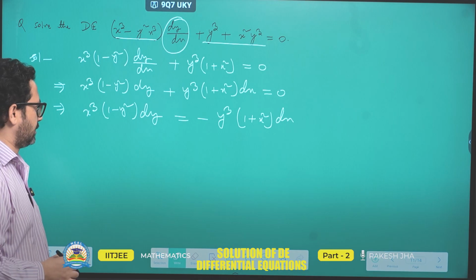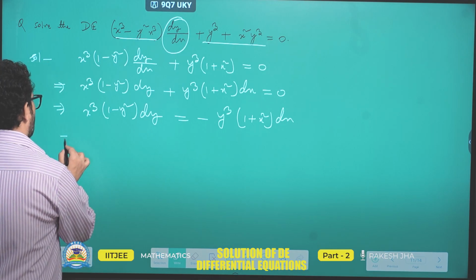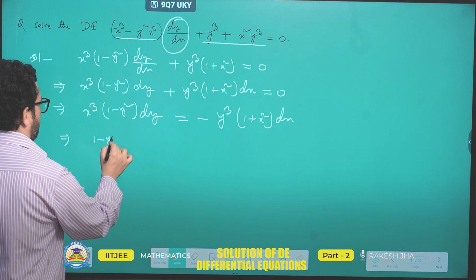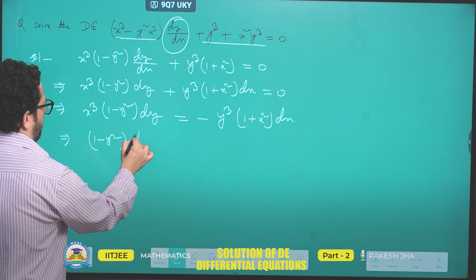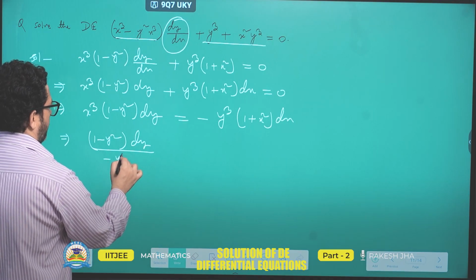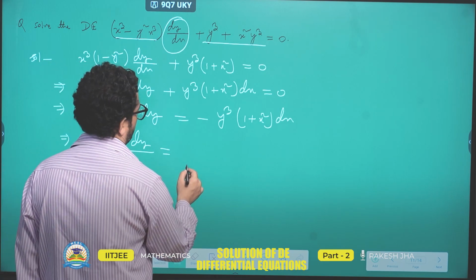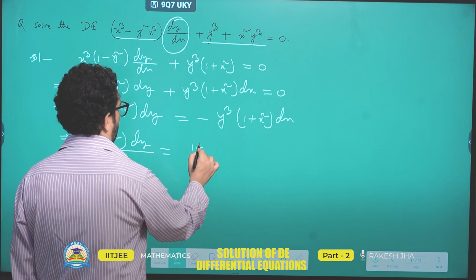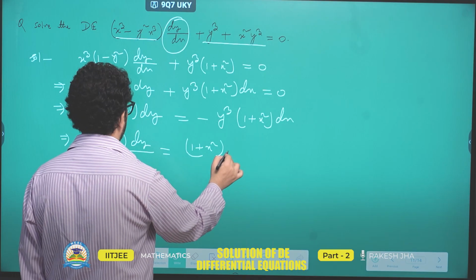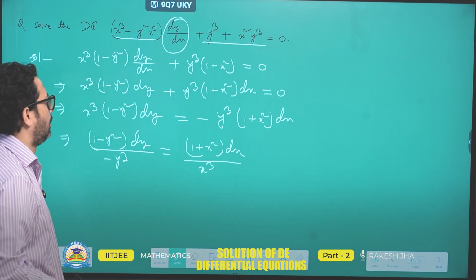Now keep all x at one place, y at another place. So we can go for this: 1 minus y square dy upon negative of y cube is equal to 1 plus x square times dx upon x cube. Okay, very good.